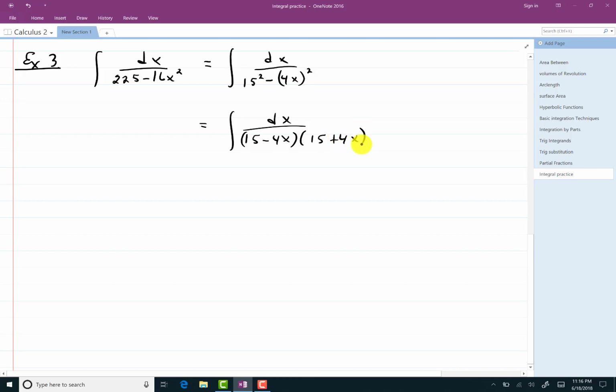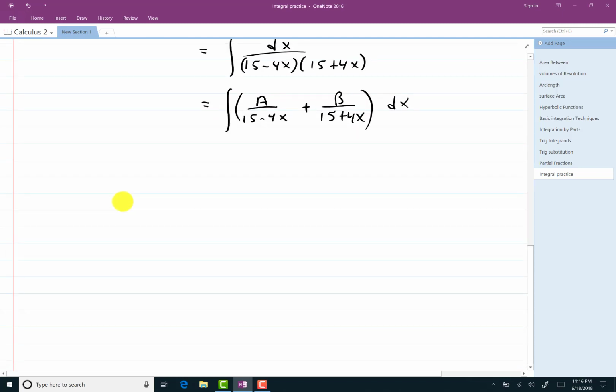And you're hoping that this splits up in such a way that you can have it be a over 15 minus 4x plus b over 15 plus 4x dx. So obviously I'm going for partial fractions.